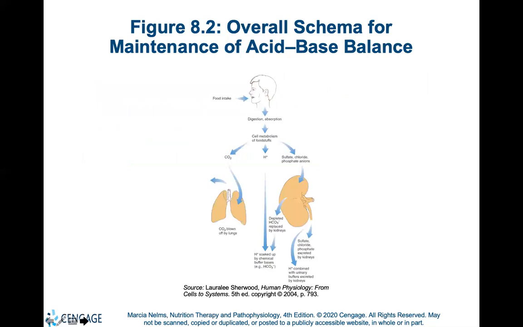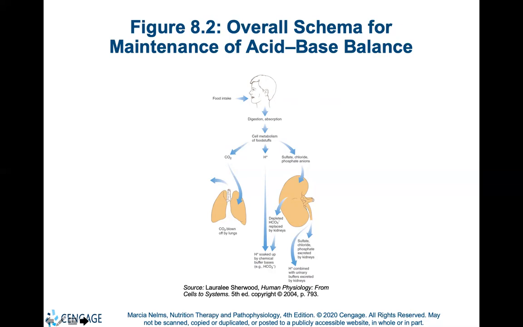On the usual mixed diet, pH is threatened by production of strong acids, which result mainly from protein metabolism. These acids are buffered by chemical buffers in the body. Removal of extra hydrogens and the accompanying anions from the body is accomplished by renal excretion. When the kidneys excrete hydrogen, they add new bicarbonate to the blood, thereby restoring depleted body buffer bases.